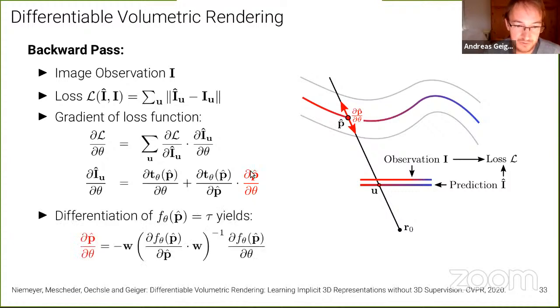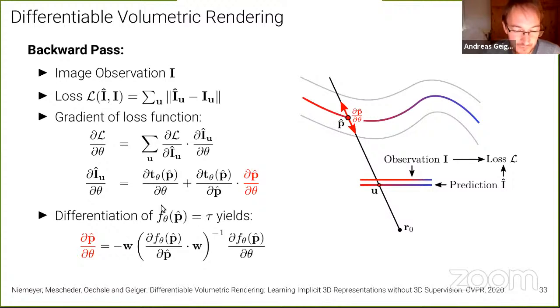Now, it turns out that this expression has, luckily, an analytic solution. And you can get to that analytic solution by applying the theorem of implicit differentiation to the level set equation. Here you can see the level set equation. This is the function f with parameters theta of this optimal surface point must be equal to the threshold.